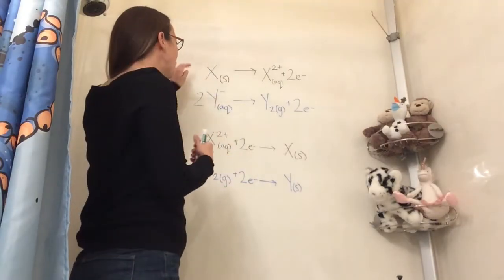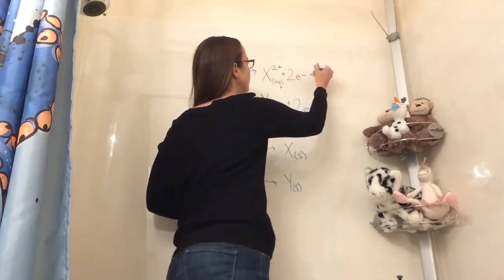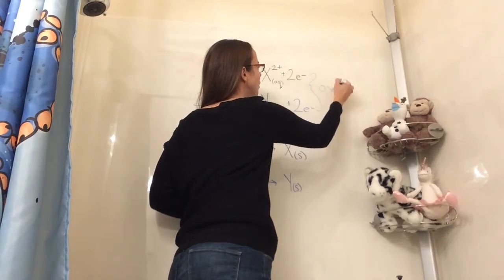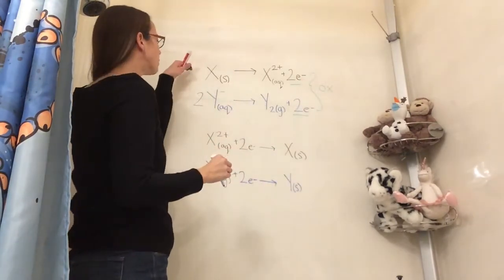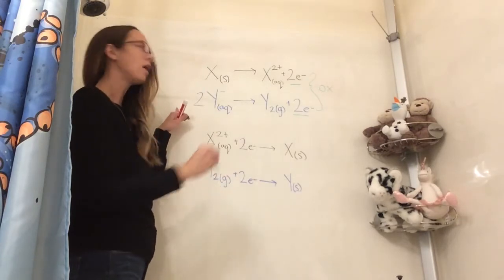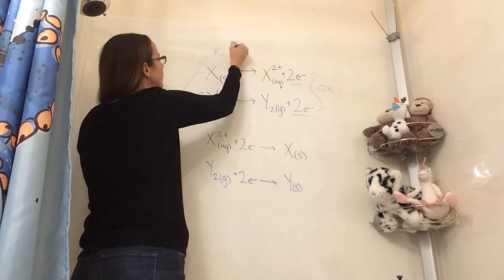Like I said, metals and anions are undergoing oxidation. So these are oxidation half reactions. We can see that our electrons are on the product side. Because metals and anions undergo oxidation, they themselves are reducing agents.